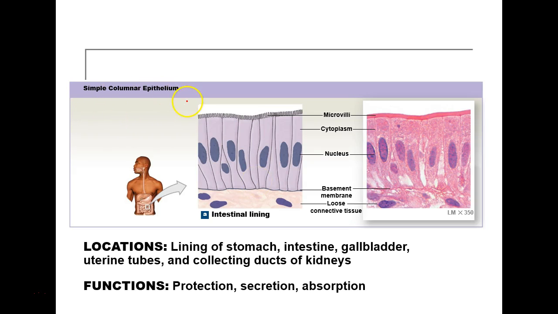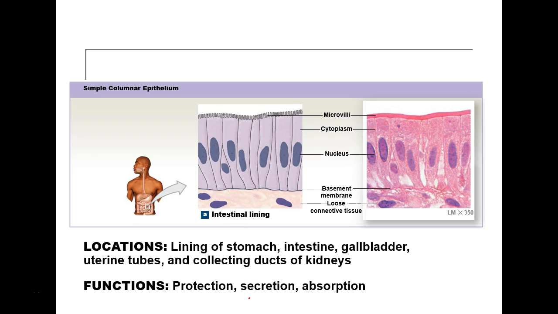Simple columnar epithelium, so a single layer of column-like cells. We have lining of the stomach, intestines, gallbladder. These are very specialized cells as far as what they do in those areas.